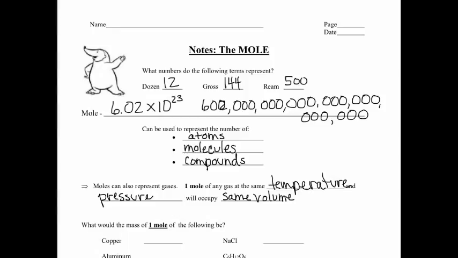And that volume, in case you're wondering, is 22.4 liters. You don't actually have to know that. You just need to know that an amount of a gas, if you have the same amount of a gas at the same temperature and pressure, will have the same volume as another gas at the same temperature and pressure.